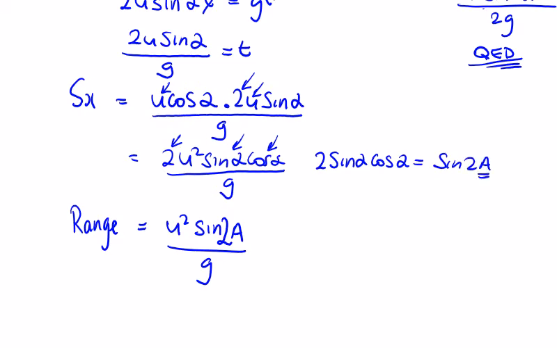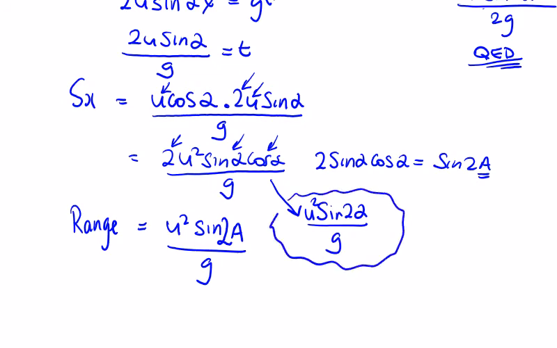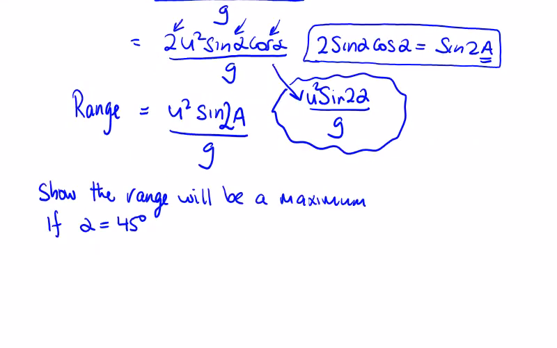So that's why we can say this is equal to u squared sine 2 alpha over g. So this is my range in simpler form. So these trig identities where one thing is equal to something else, we'll be using a lot in applied maths.